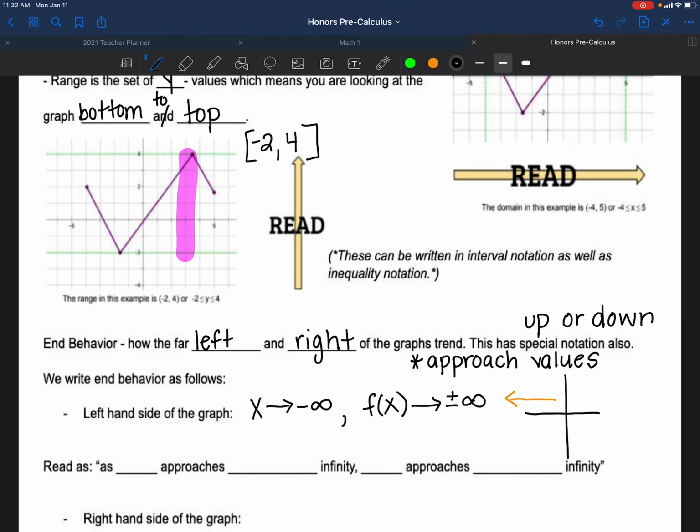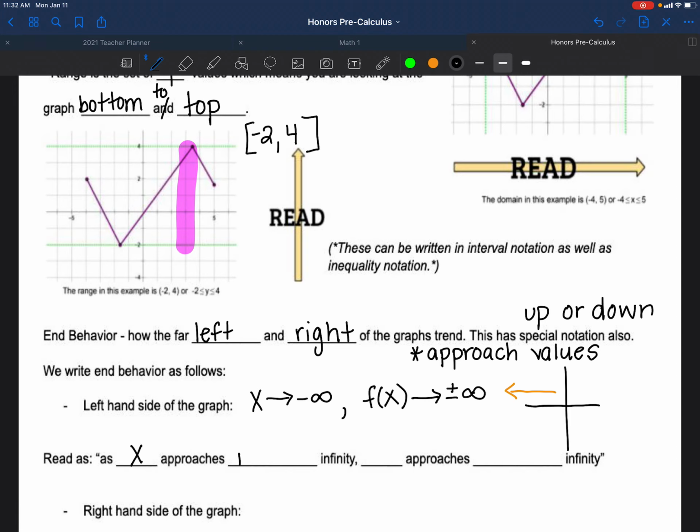It's going to go up or it's going to go down. So when we read it, we say as x approaches -infinity, then y approaches positive or -infinity.